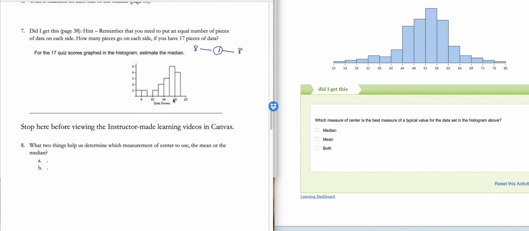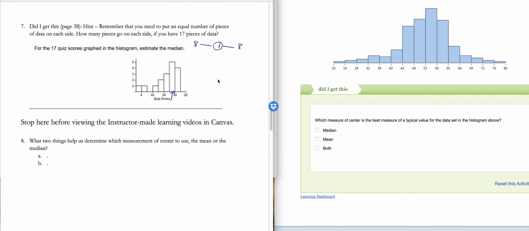So that's what you're counting here. Let's see, here's 1 piece of data, there's another one, so that's 3, 4, 5, 6, 7, 8. So all you know is that the median is going to be somewhere in this bar. It's going to be a piece of data that is somewhere between 16 and 18, because that is the spot that puts 8 pieces of data on each side.